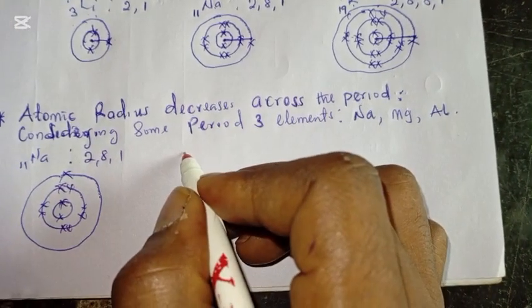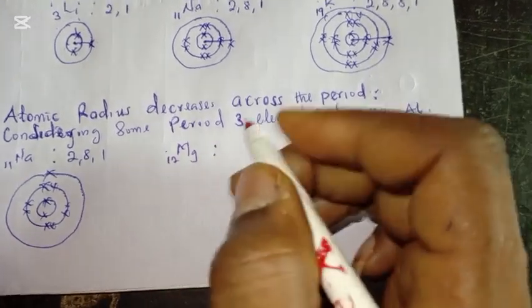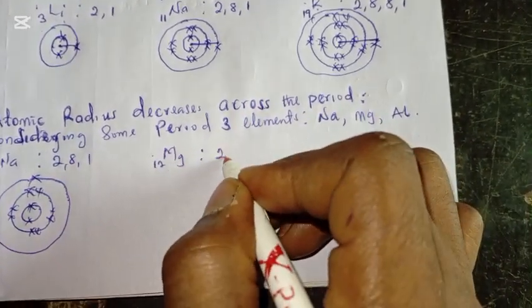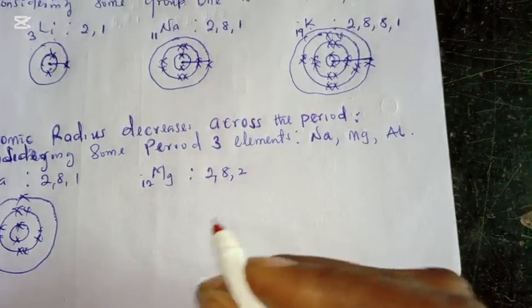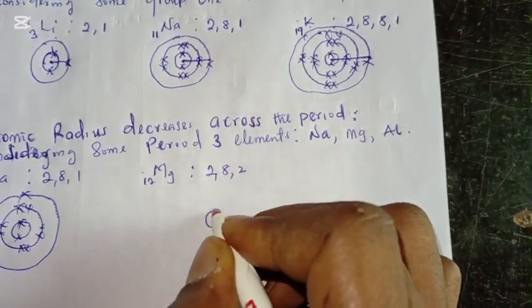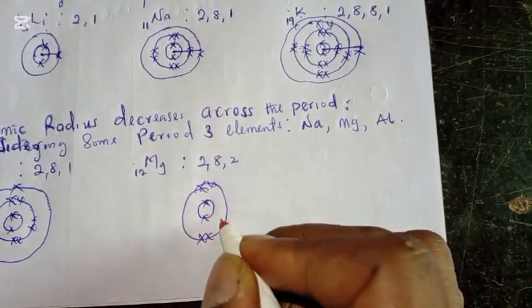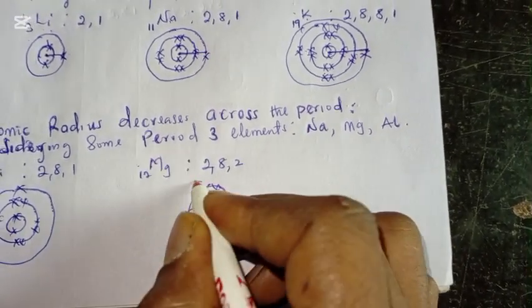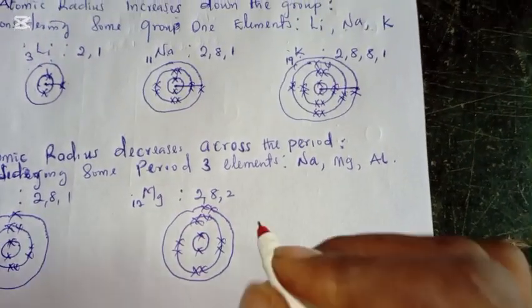Now, looking at the next one, that is magnesium with the atomic number of 12. And the electronic configuration with respect to shell, that is 2, 8, 2. I believe you are following through. We have 2 here, 8. And the last shell has 2 electrons.